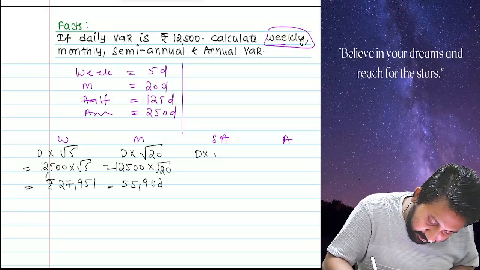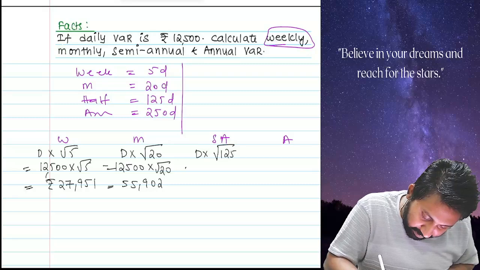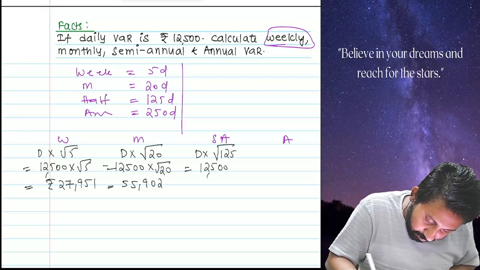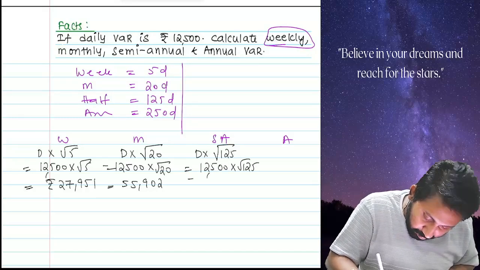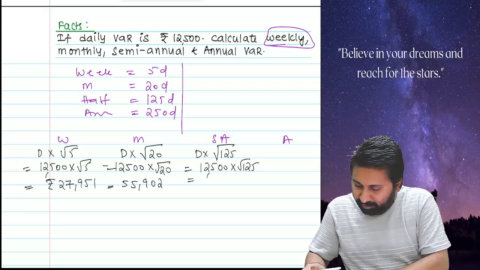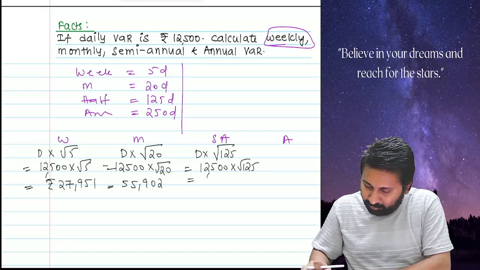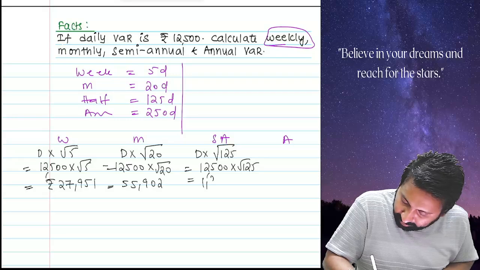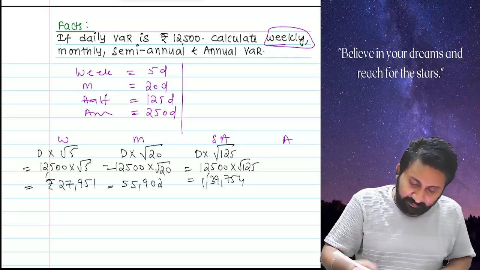Next, daily VAR into root of 125. Root of 125 into 12,500 is 1,39,754.